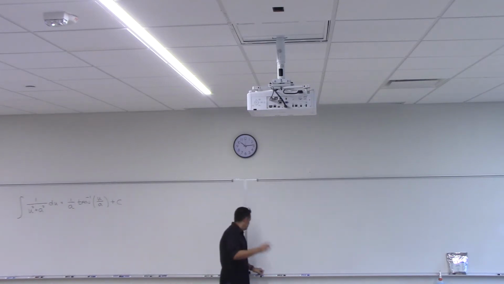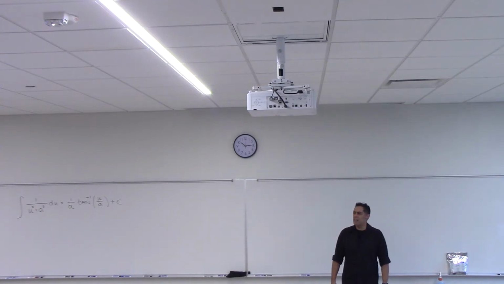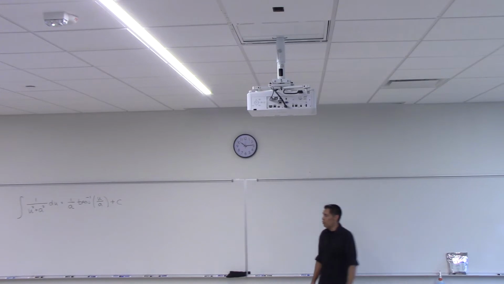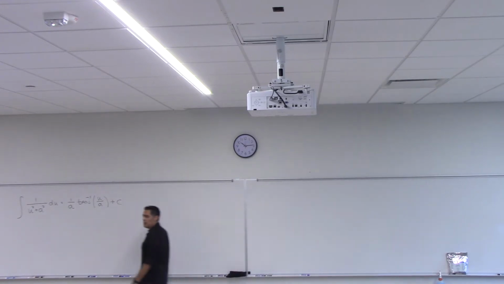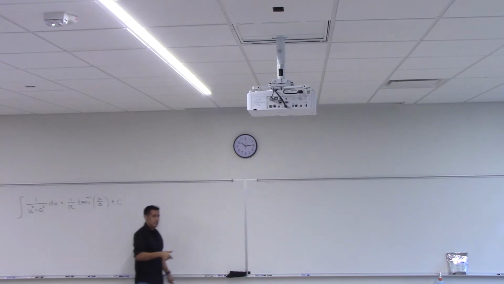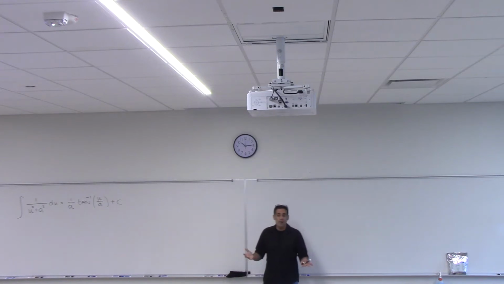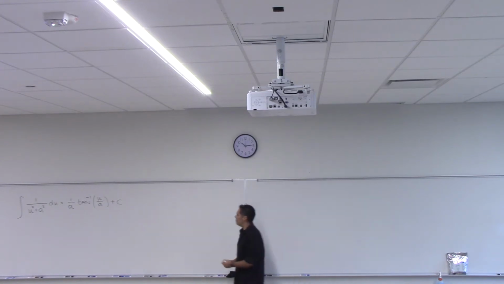So question to you: what is the independent variable in this problem? U. How do we know that? du. That means a in the problem is a constant. So u is like x has been, and a is just some number we don't know. So we're trying to find the antiderivative of this.